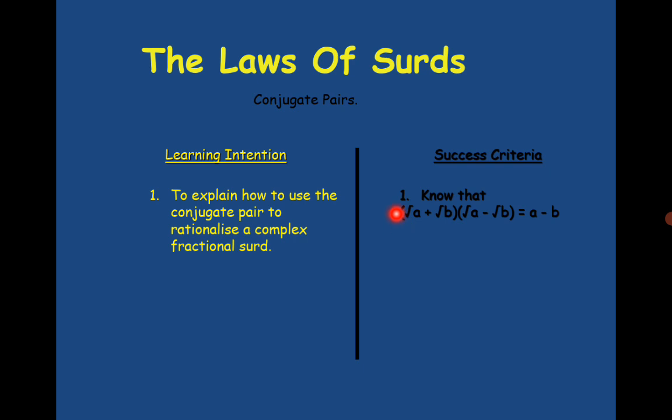In other words, the conjugate of root a plus root b is root a minus root b. It's the same expression, they just differ on the signs. There's a positive sign here and a negative sign there. These are called the conjugates. So you should be able to use the conjugate pairs to rationalize complex fractions or surds, which we are going to look at shortly.